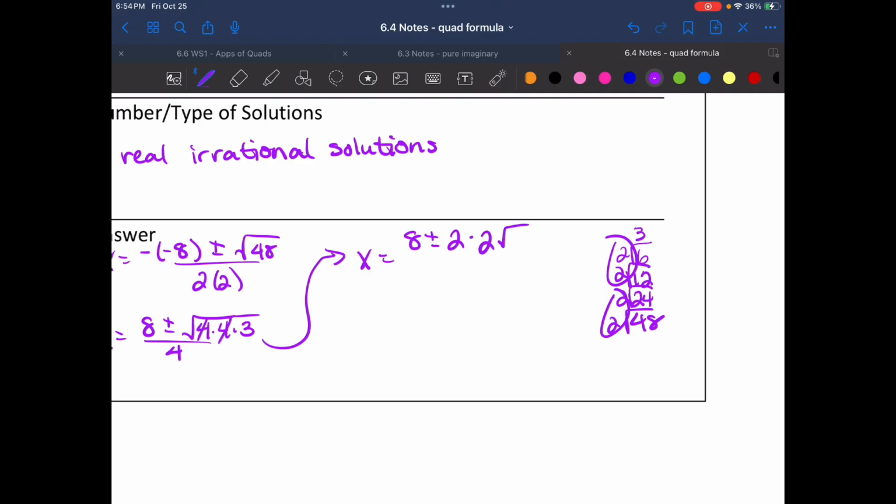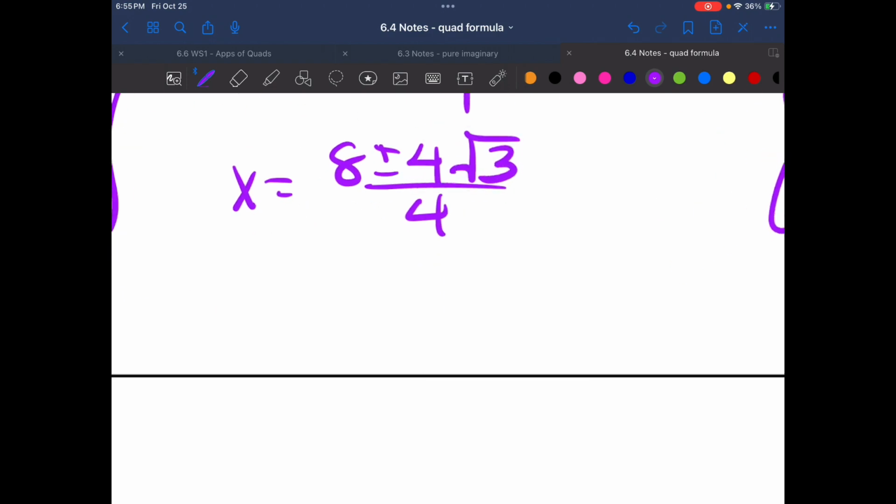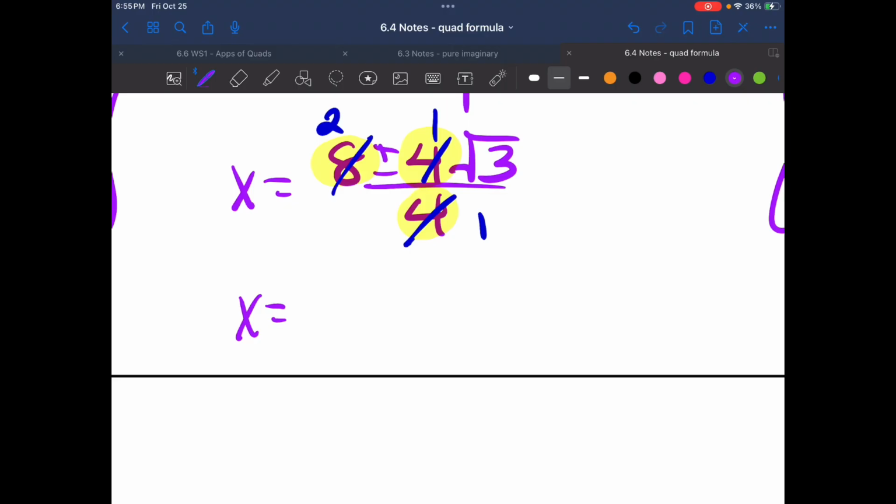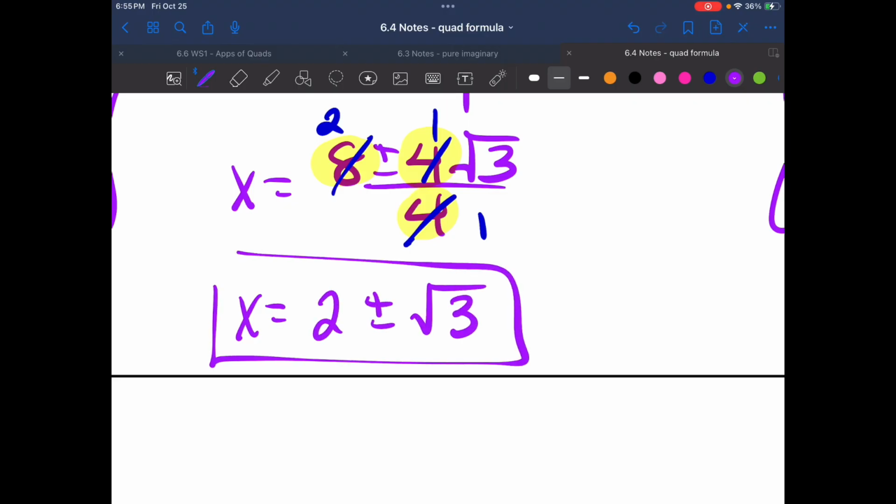Square root of another 4 is 2, and then 3 is going to stay inside. This time we can divide by 4. It goes into itself once, and 8 twice. So x equals 2 plus or minus the square root of 3.